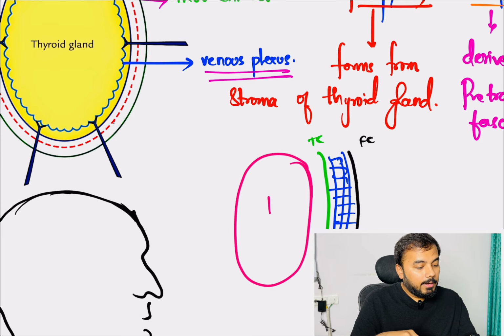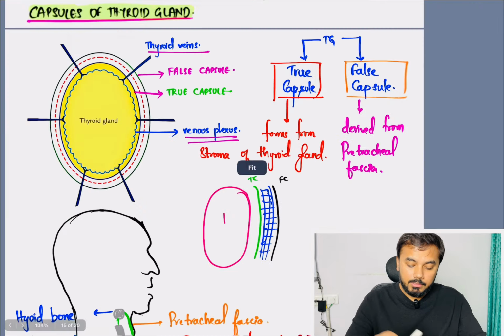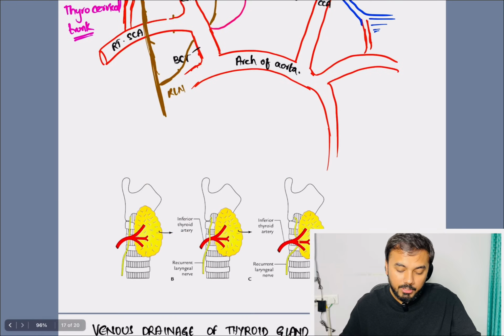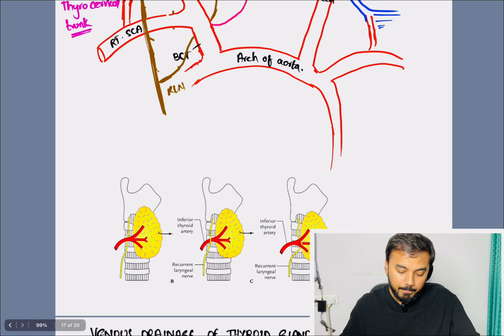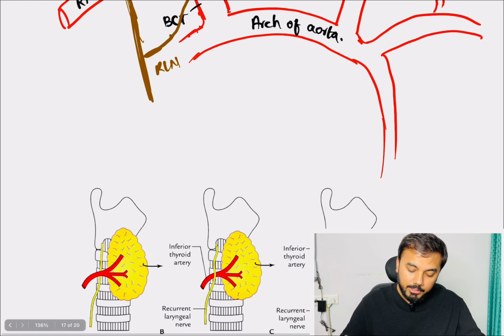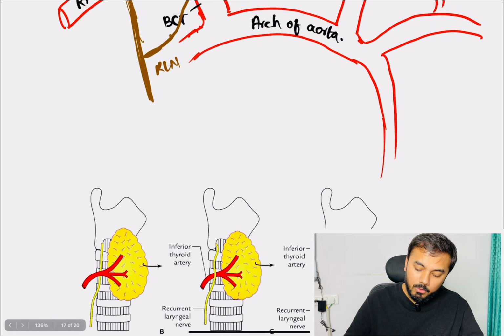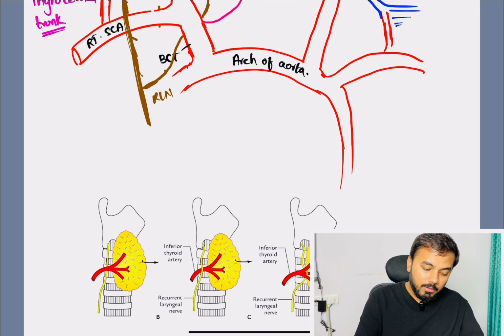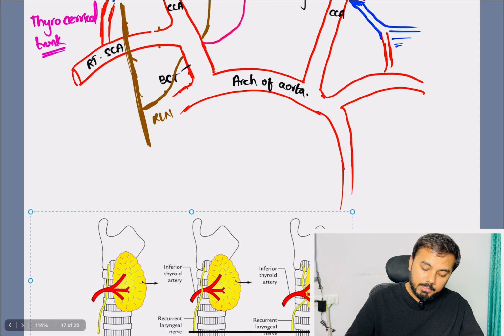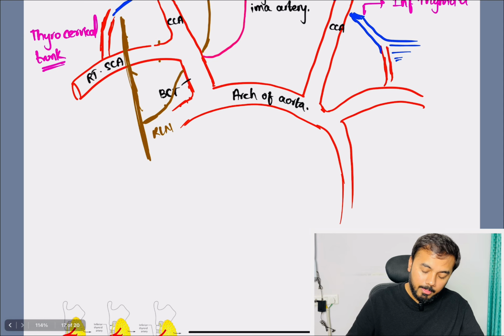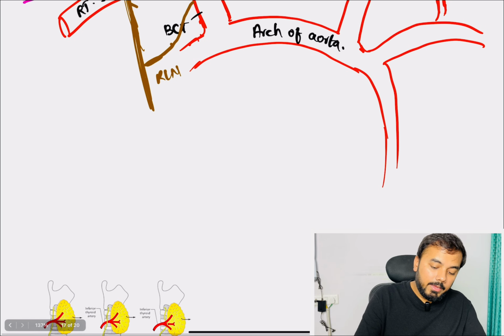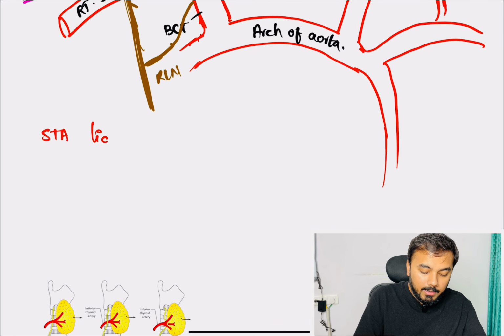Okay, and the next important thing is, in case of ligation, I told you, what is this picture, sir, which you kept down? I'll come back to it in a minute, just keep this down. Whenever you want to ligate, the superior thyroid artery must be ligated close to the gland or away from the gland?